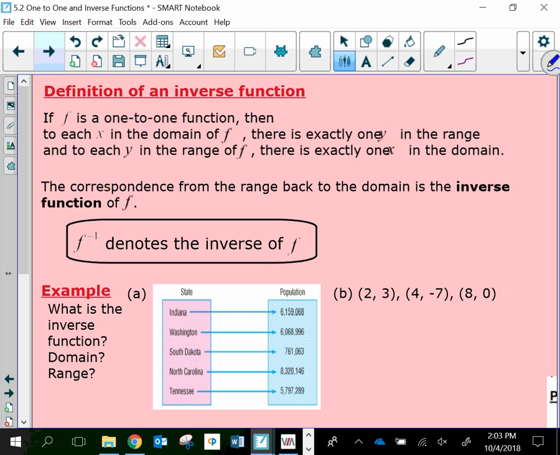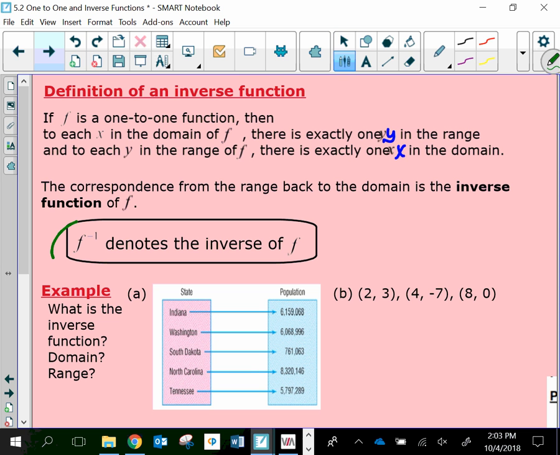To each x in the domain of f, there's exactly one y in the range. And to each y in the range, there's exactly one x in the domain. Okay, so it says that. Just make sure you know what it says. One y, one x. So 1 to 1, just like we said on the other pages. The correspondence from the range back to the domain is the inverse function.